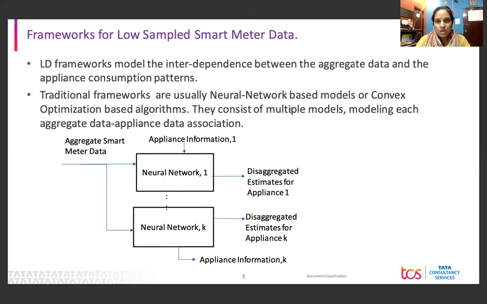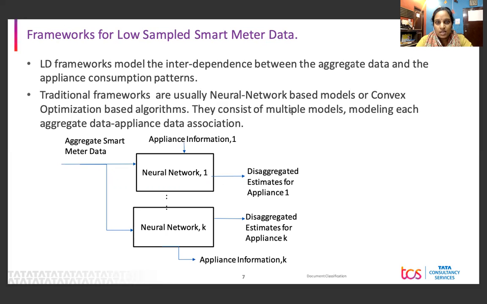In the low sample smart meter data category, traditionally neural network based, machine learning based, or dictionary learning based models have been used to learn the interdependence between the aggregate smart meter data and the different historical appliance information.